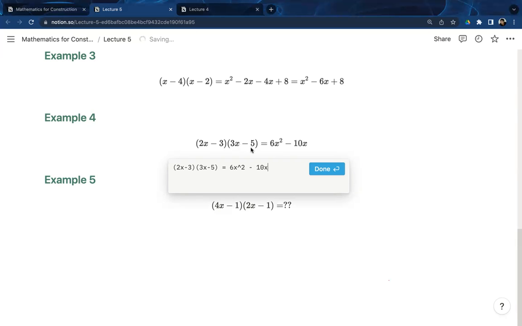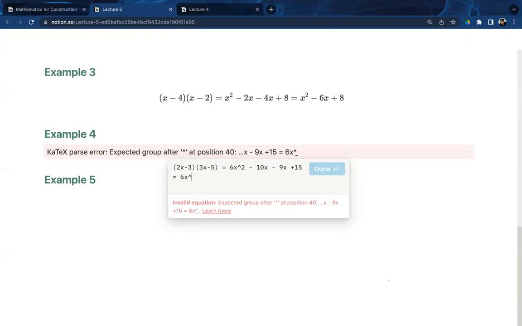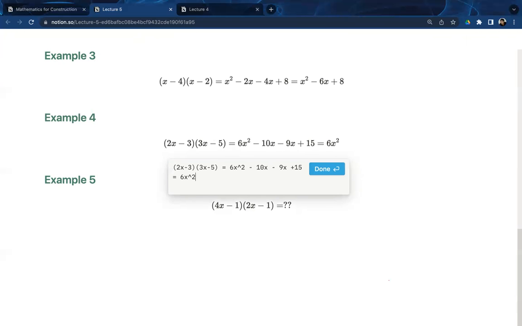So minus 3 by 3x, minus 9x, minus 3 by minus 5, plus 15. The second and third terms we can combine because they are like terms, they are x terms, right? So that is minus 10 minus 9, that's minus 19x plus 15.